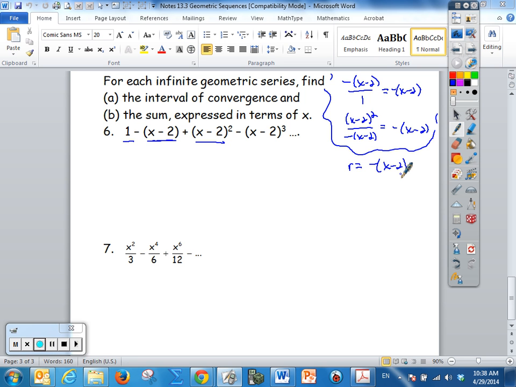Now, what we want to do is we want to force it. We want the absolute value of r to be less than 1. That's what we're looking for. Okay, now resist the temptation to just start crossing out negatives. That's not the way that works.